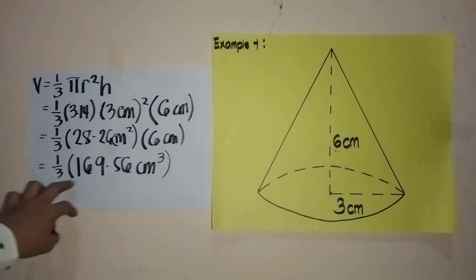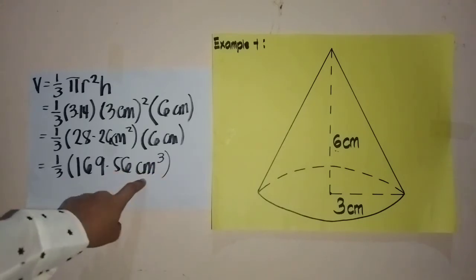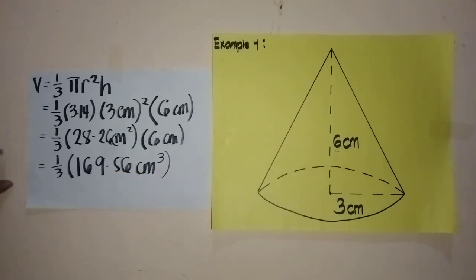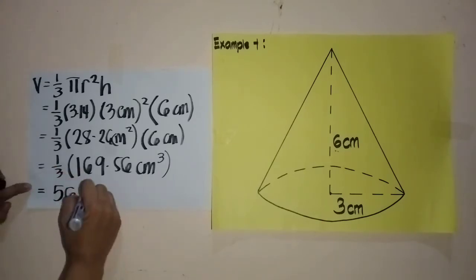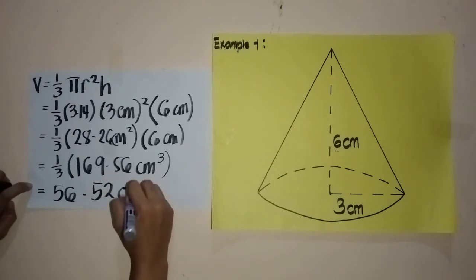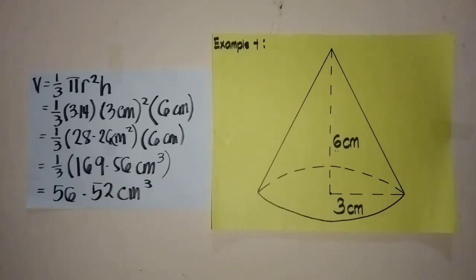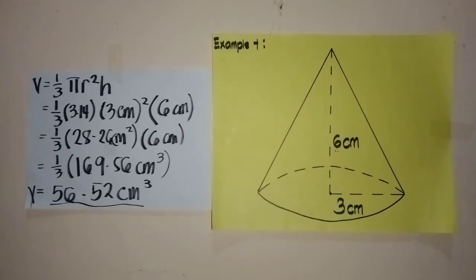So 1/3 times 169.56 cubic centimeters is equal to 56.52 cubic centimeters. So we have a volume of 56.52 cubic centimeters. So another example.